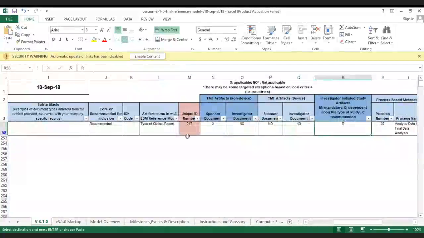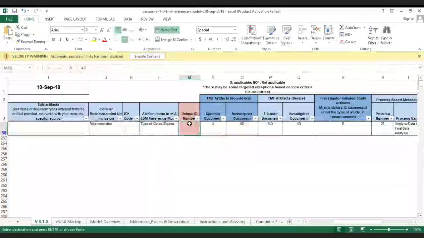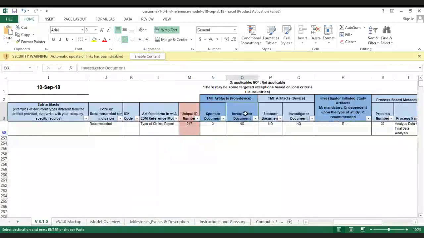For this document, see that this is the unique code, the unique ID number, and where we have to file this document. This is a sponsor document, so a sponsor document will be filed here, but this will not be filed at the site level. It is not an investigator document. So you can see here all the information about this, right?